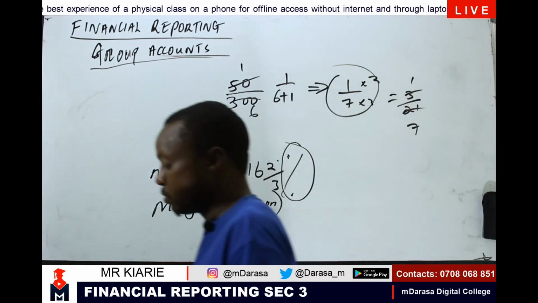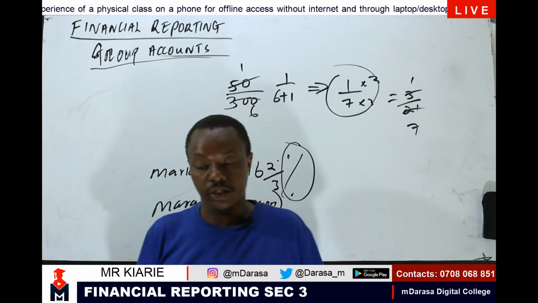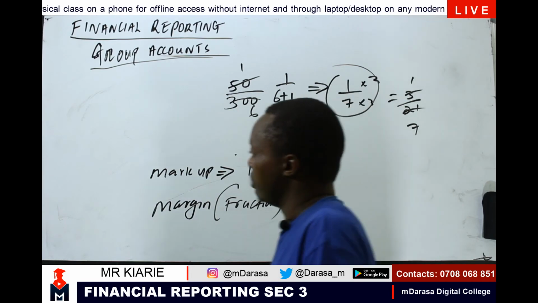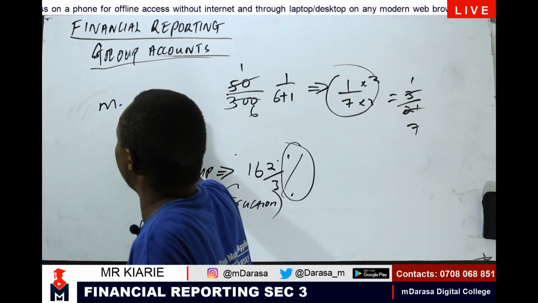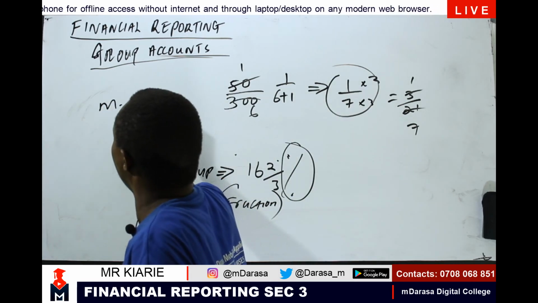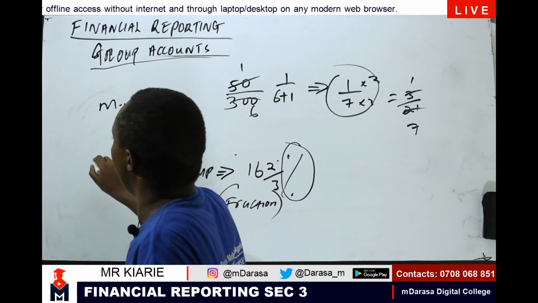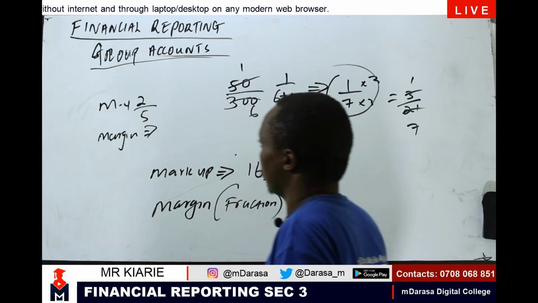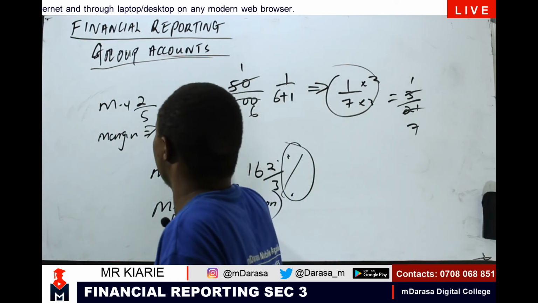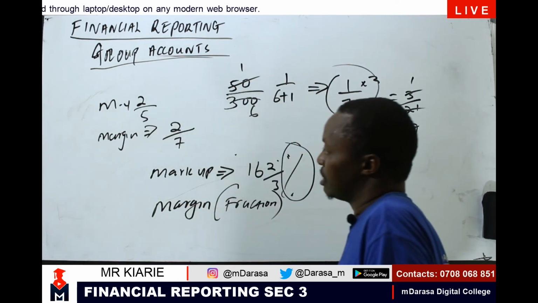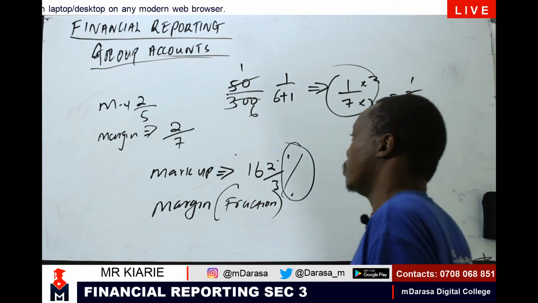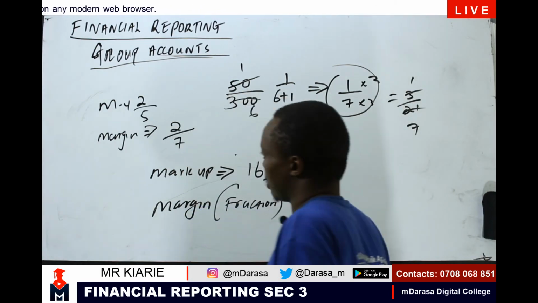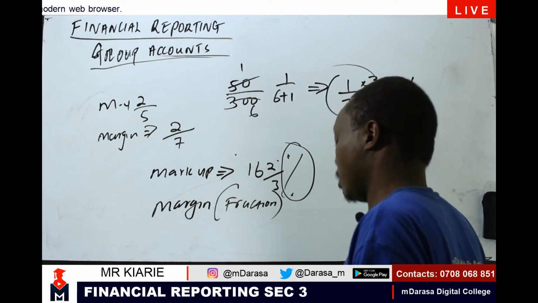Any question? You need to be very careful when it comes to conversion. If markup is 2 over 5, margin will be 2 over 7. Remember that it is the numerator that you add to the denominator and not necessarily 1, because most candidates happen to add 1 instead of the numerator.